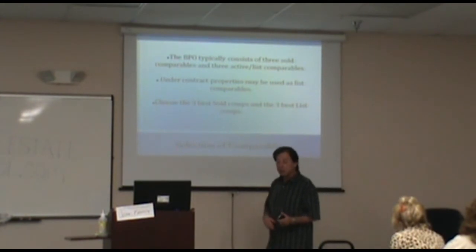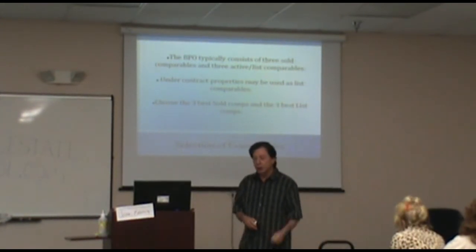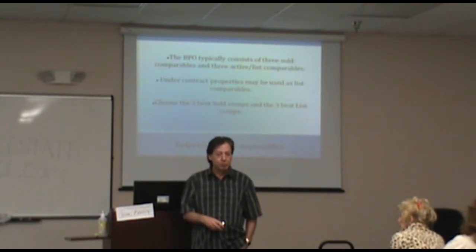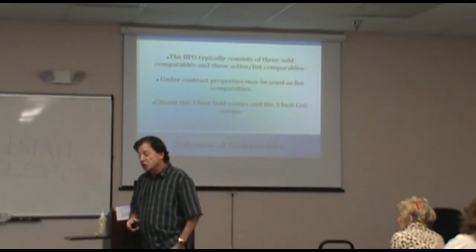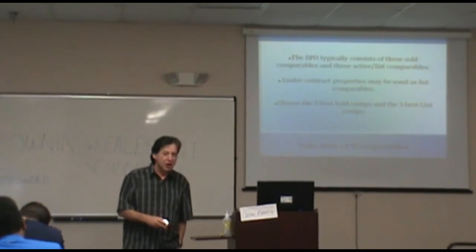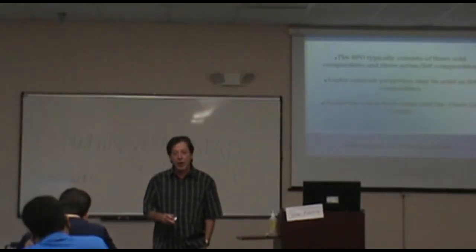And you can actually contact the listing broker, and if he or she is willing to talk to you, would that be a good scenario for you as far as comps? Yes. So under contract comps can be used as list comparables. So be aware of that. Could be a question that will be asked later.